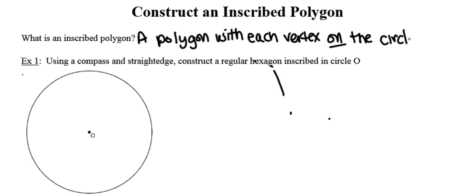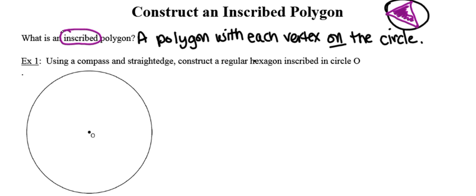So if I were to think about or envision what this looks like in terms of a picture, I'm going to have some circle. Each vertex of my polygon is going to be on the circle, meaning that the polygon is inside the circle, hence the name inscribed polygon.